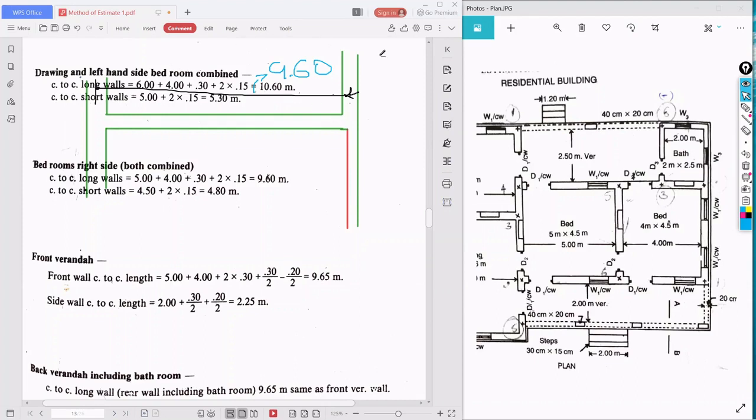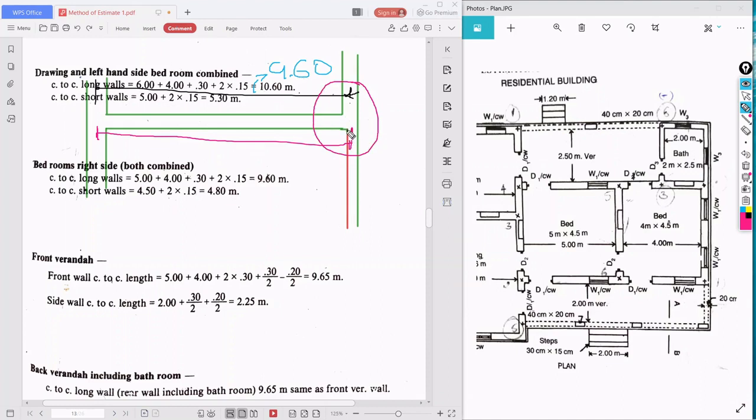So now see here, the center of this 30 centimeter wall is different, and the center of the other 30 centimeter wall is different, and the center here is different. So between the 20 centimeter walls, we need to know the distance from this center to this center. By the figure you can tell it is somewhat big. This is not 9.60, it will be more than 9.60.